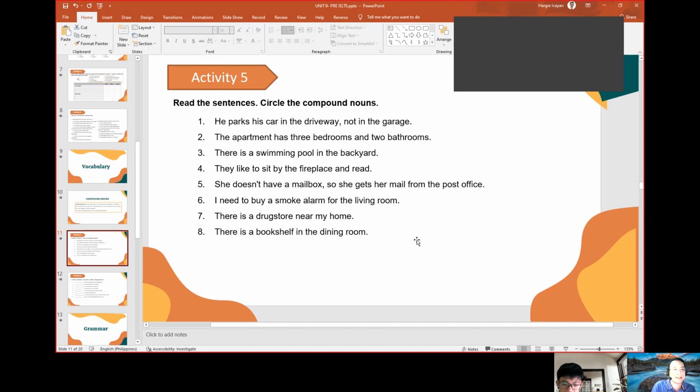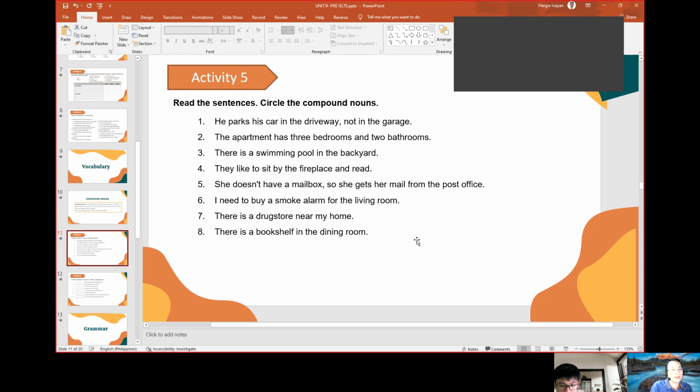Okay, right. Next, number 6, Koi. I need to buy a small lamp for the living room. The compound nouns are small lamp and the second one is living room. That's correct.